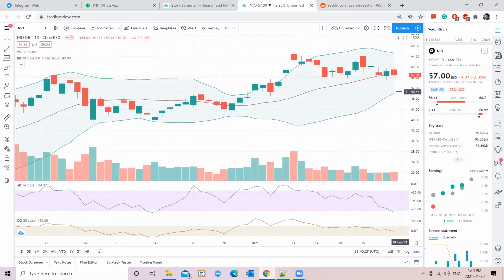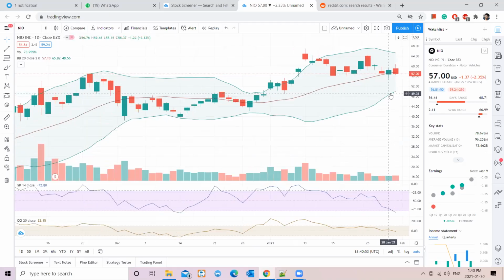In terms of upside potential, Tesla has grown this much. That's why, compared to these two, I see the volume is more on NIO. That's why I feel the upside potential for NIO among these two could be higher.